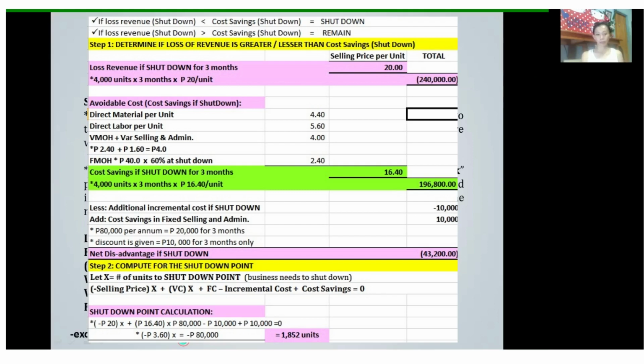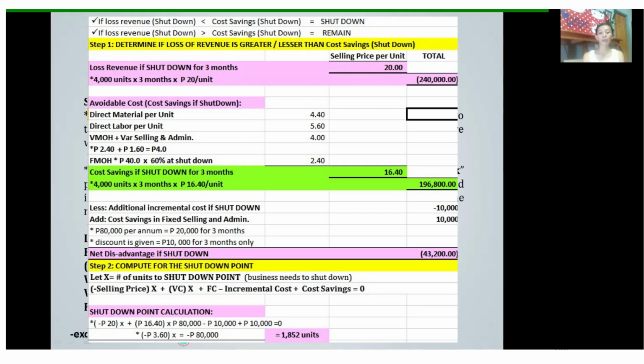Why do we multiply it by 60%? Because it is 40 pesos factory overhead, then 60% at shutdown. So it becomes 2.4. So this is 4 pesos times 60%. So this is not 40.